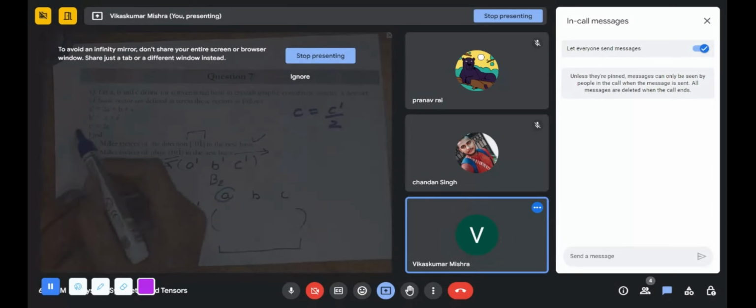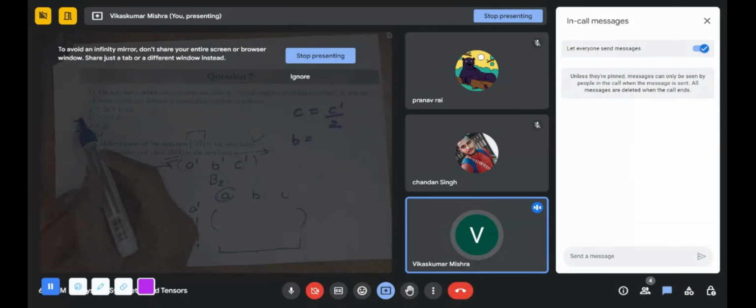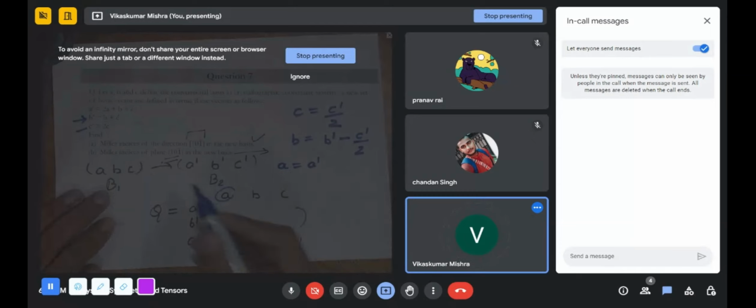From the above equation, B will be B dash minus C, where C is C dash over 2. Once we find B and C, we can find A also. A will be equal to A dash minus B minus C, the whole divided by 2.